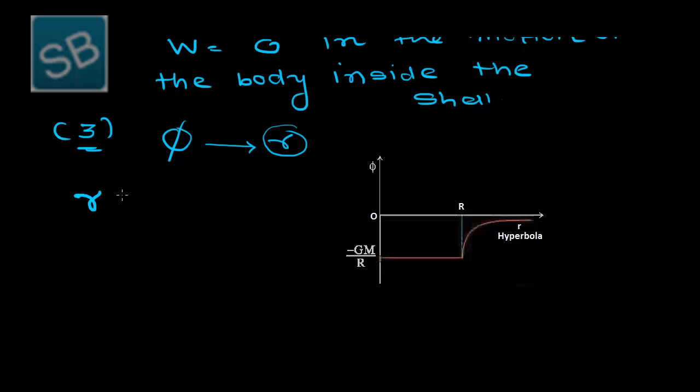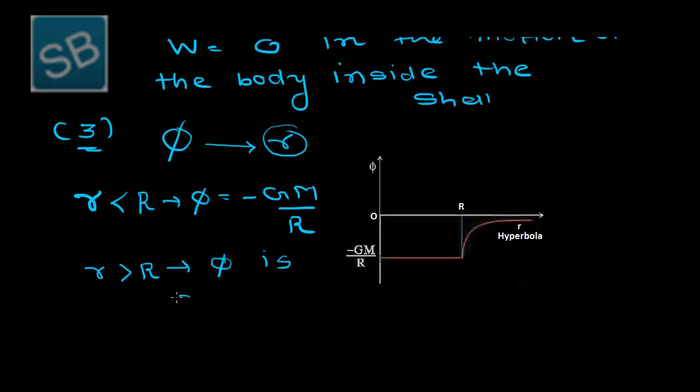So at r less than R, the value of phi is minus GM over R. But as soon as the value of r is greater than R, then phi is changing according to minus GM over r.